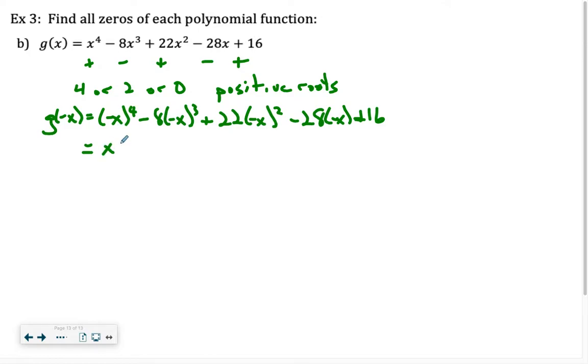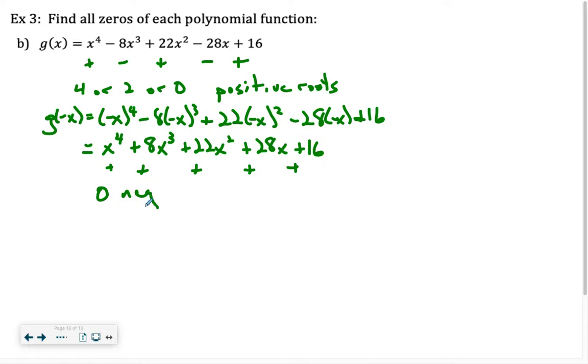So that'll be positive x to the fourth plus 8x cubed plus 22x squared plus 28x plus 16. Did I do that right? Yep, double negative, that'll be positive, double negative. So we have plus, plus, plus, plus, plus, 0 variations in sign. That means I know I will have 0 negative roots.